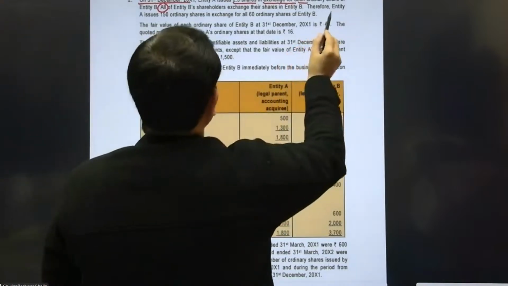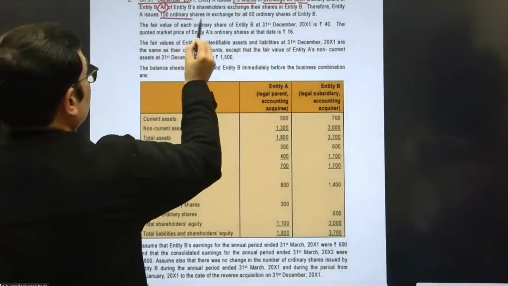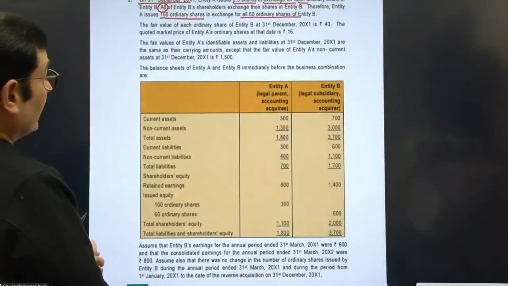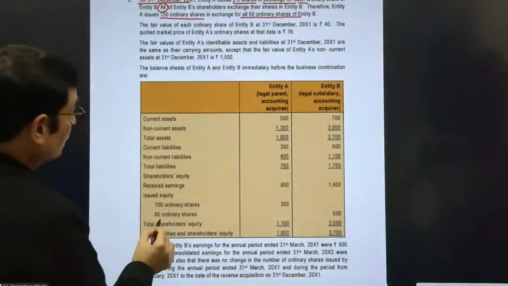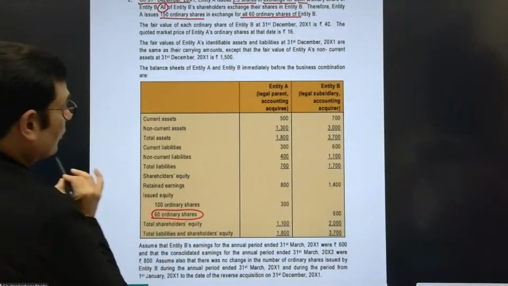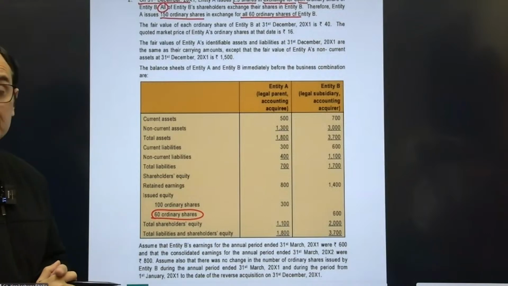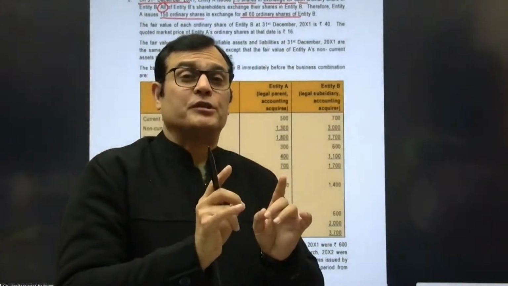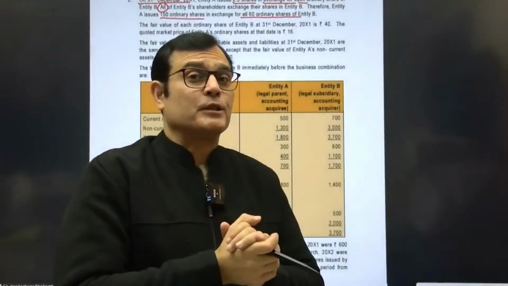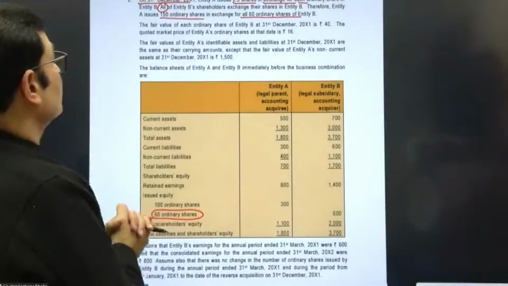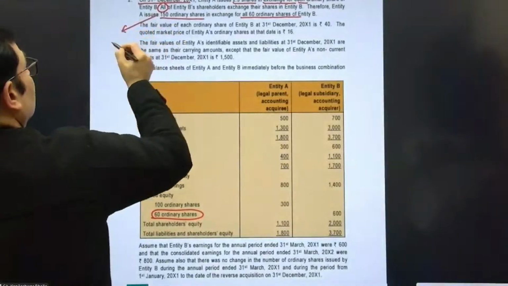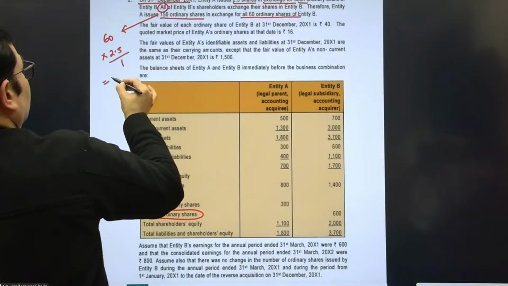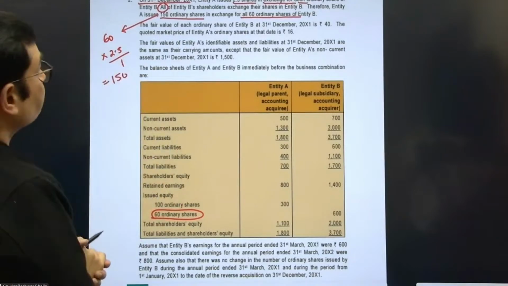Therefore, entity A issues 150 ordinary shares in exchange for all the 60 shares in B. Even if you look at the balance sheet below, we can see that there are a total of 60 ordinary shares in the equity. So when you offer 2.5 shares for every 1 share, that makes it a total of 150. So this 150 is nothing but applying the exchange ratio to 60 shares, and that works out at 150 shares.